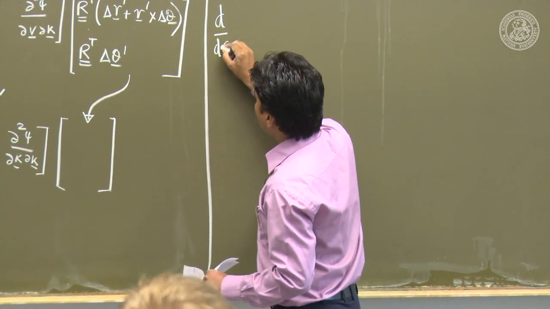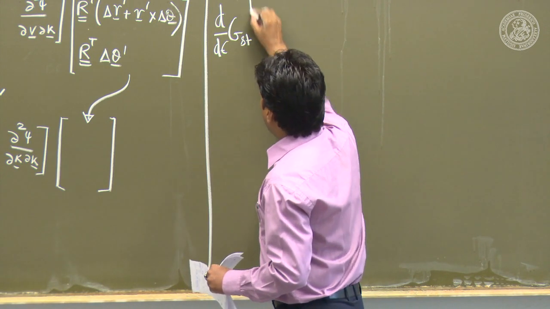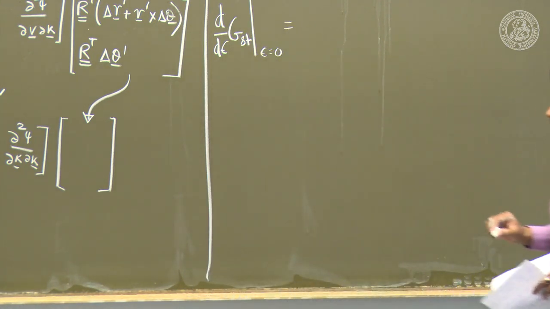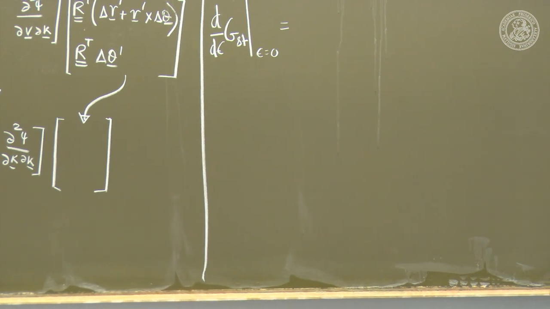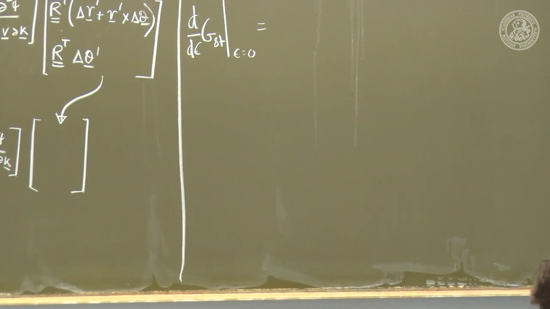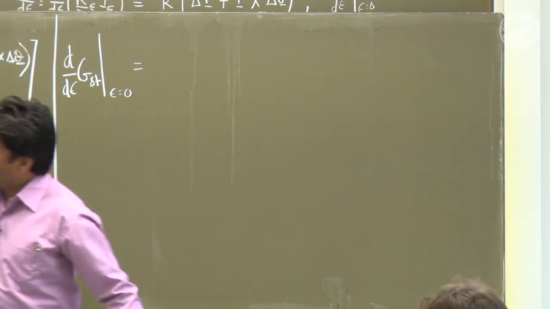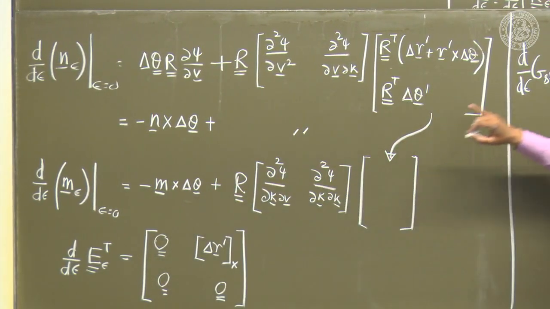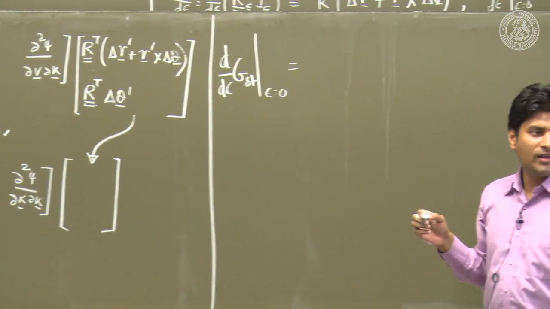So we write it again, d by d epsilon of g is static at epsilon equal to 0. Can you see what this could be? You see the first term, this is there and this is there. So of course that could be your first thing to write over here.